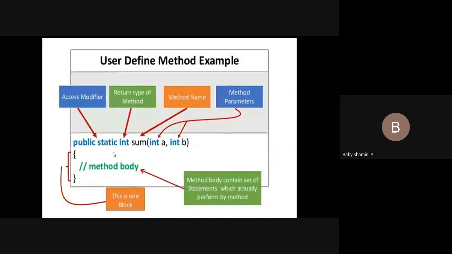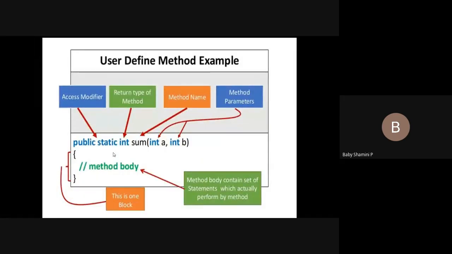So next one, user-defined method. This is a syntax to write a user-defined method. First one, public. Static is optional. Static int sum of. So public is an access specifier. Next one is return type. You can declare void or integer.